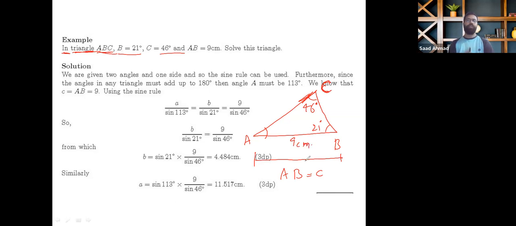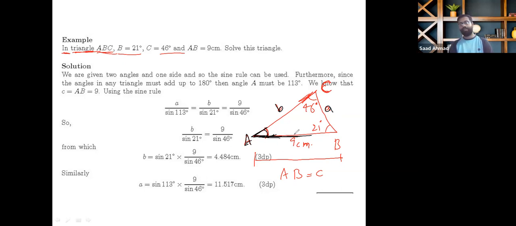Now we want to use the law of sines to find the angle A, the side length B, and the side length A. So the missing things that we want to find are this B, this angle A, and this side.